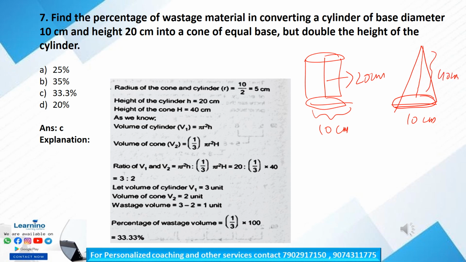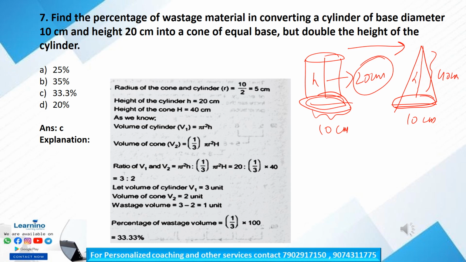So we have a cylinder that is converted into a cone. The base is equal, that is 10 centimeter, but the height of the cylinder and the height of the cone is different. The cylinder height is 20 centimeter, and the height of the cone is double the height of the cylinder.